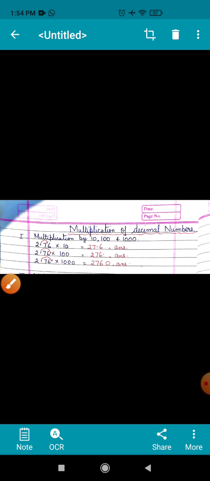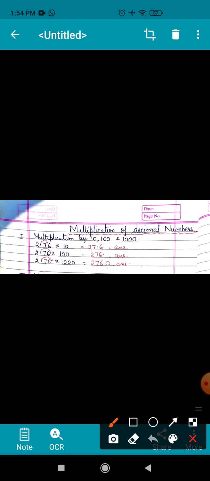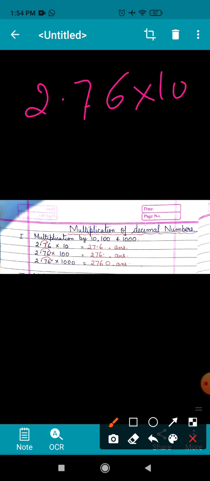Now the same question, or you can say the same number, is multiplied by 100. Here what do you see? Here the multiplier has two zeros. It means the decimal will shift 2 steps forward to the right side.